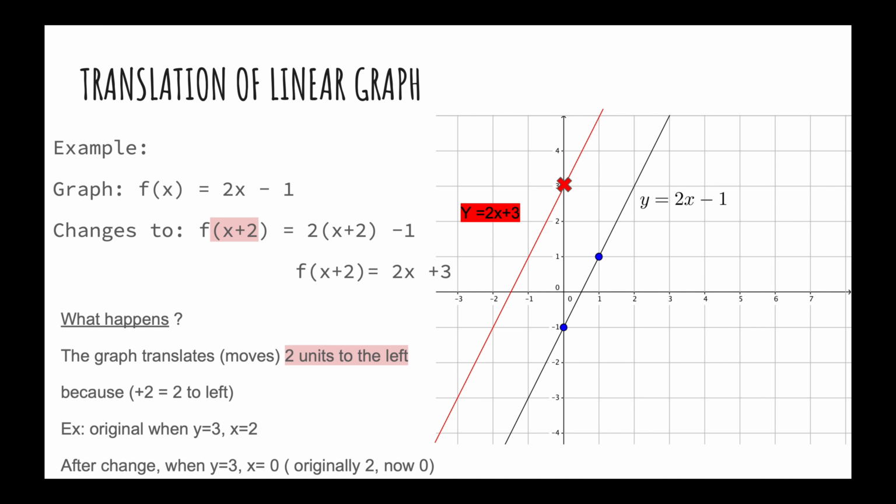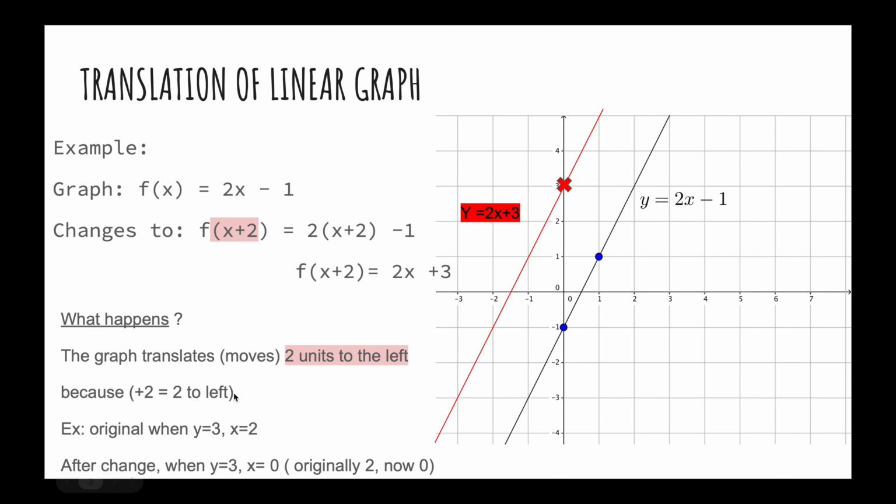So what happens? Basically, when we plus 2 to the x, the graph translates 2 units to the left, because when x plus 2, it goes 2 units to the left. So when x minus 2, it will move 2 units to the right.